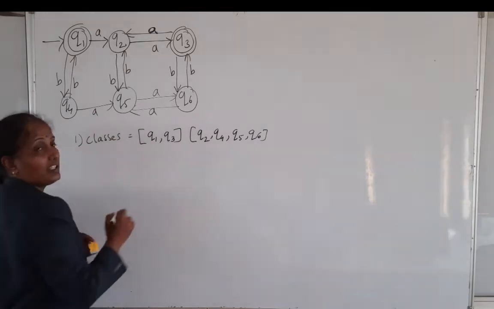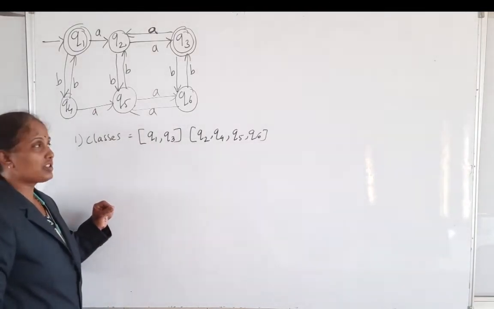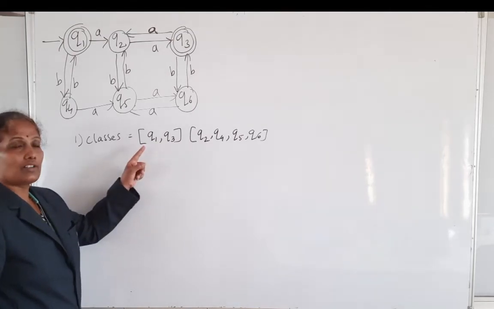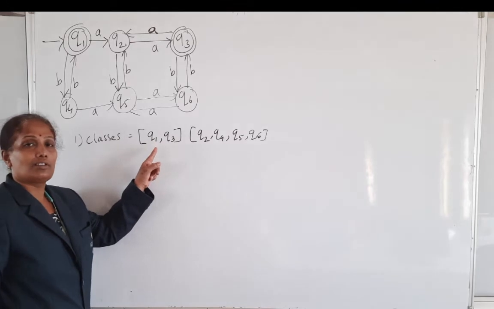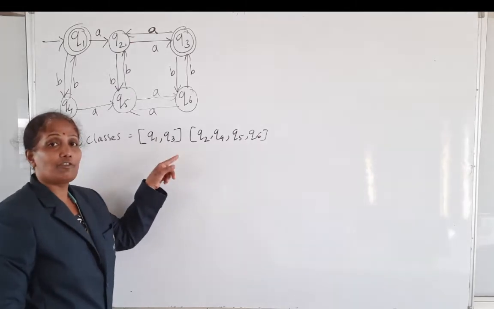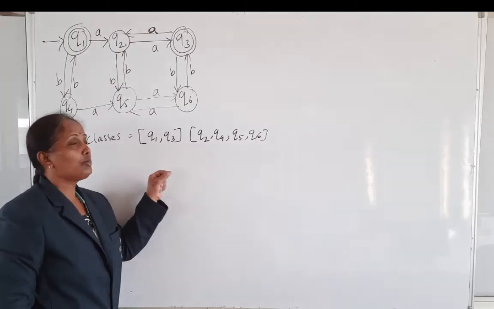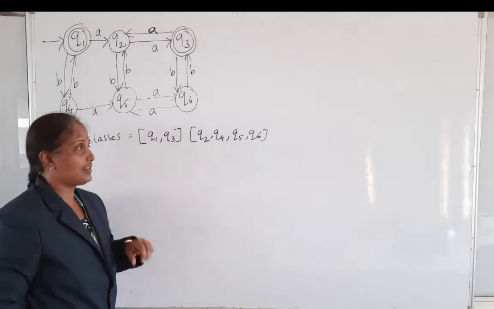After that, I should check the transitions for the given input symbols, that is A and B, from these states. After taking the input symbol from a state, if they belong to the same class of states, then I will not divide these further. If they belong to different classes, then I am going to divide these classes into subclasses.